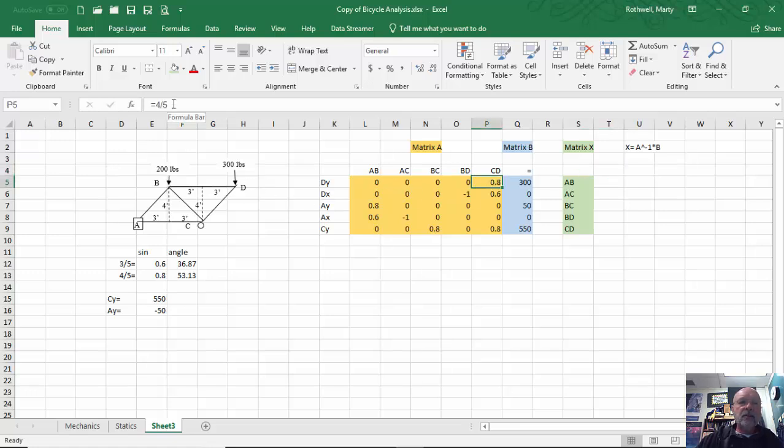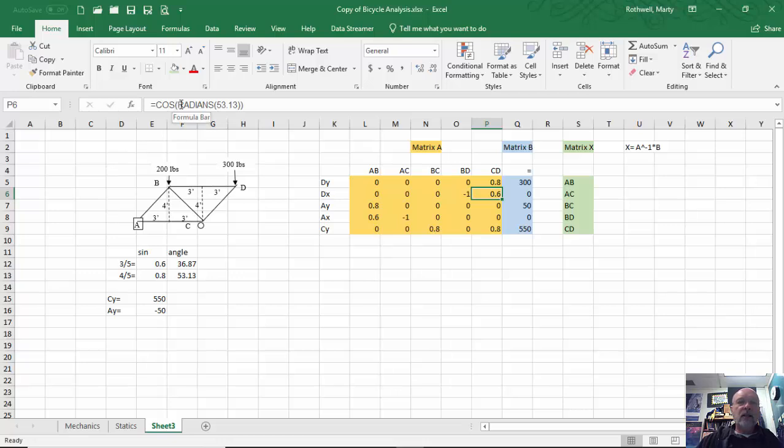So again, I started off with D of Y because I knew what was going on. If you'll notice here, I simply said 4/5, which is what we have. The hypotenuse is 5. So 4/5 of CD equals 300. I also wanted to show how to do this if you only knew the angle. So once again, the angle right here is 53.13. For D of X, I need the cosine.